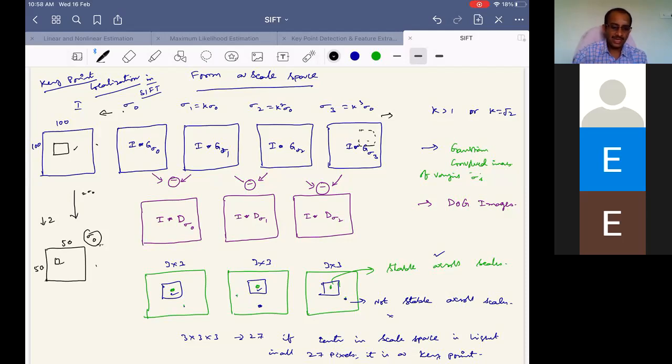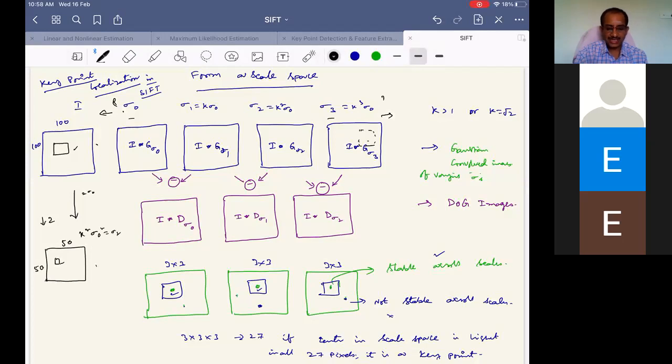By that, we can keep the scale space of the Gaussian, that is sigma naught to sigma 3, constant. If you would like to go for sigma 4, no need to go for sigma 4, just simply downsample it, and then you start directly from k square sigma naught, that is from sigma 2.